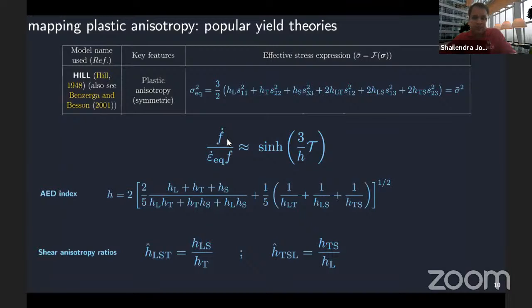That's something very interesting. So in some sense, this AED index tells us what anisotropy will do to damage by void growth. And in addition, to some extent, but not to a similar extent, the shear anisotropy ratios will give us some idea of how the anisotropy would lead to shear instability. I think the latter part is not as well developed as the former, but nonetheless, there are some developments going in that direction.